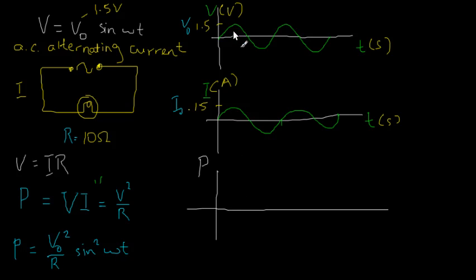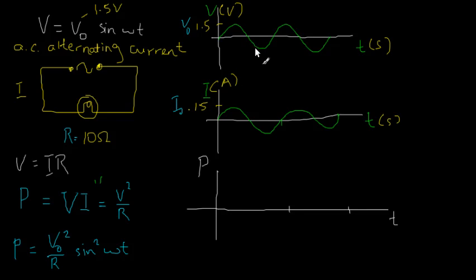Well, you know what a sine function looks like? It looks like this. It goes up and down. But this time we have a sine squared, which means that I won't get negative numbers.